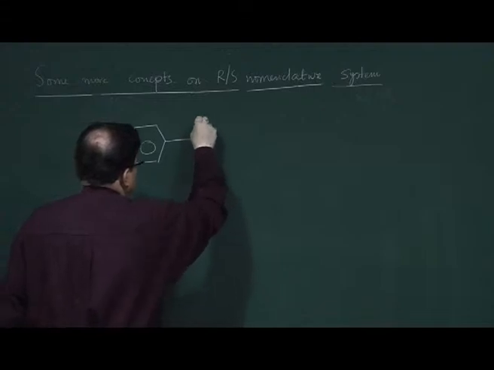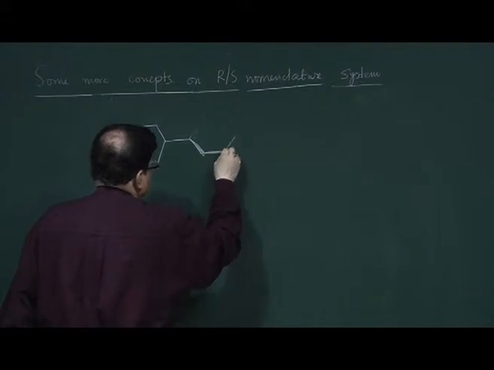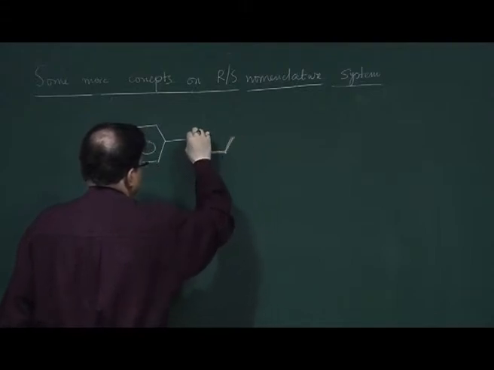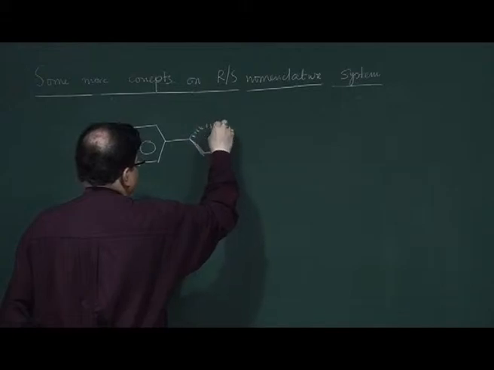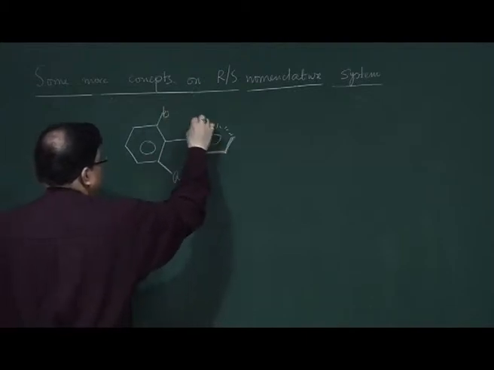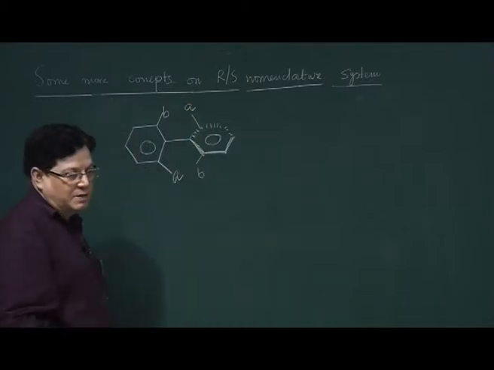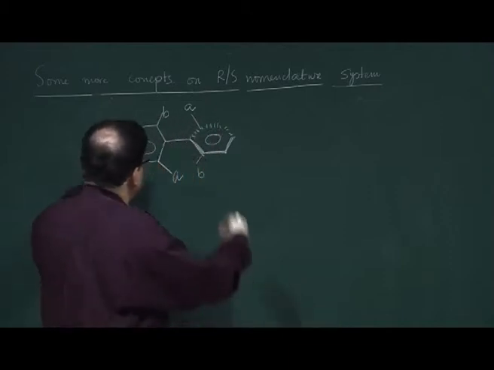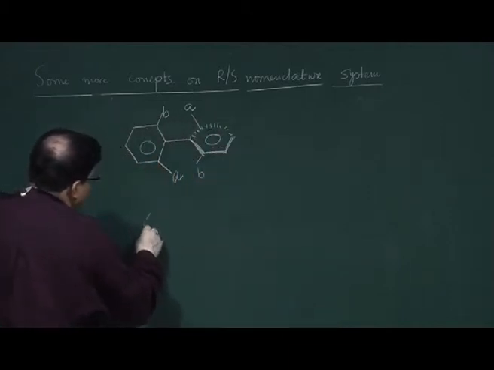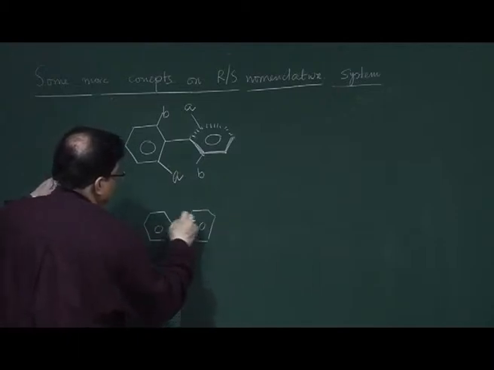Here what happens is that if you put some groups at the two ortho positions, so if you put groups A and B here, and A and B here, and if the groups are not hydrogens but bulky groups, then there will be steric repulsion if the two rings remain in the same plane. So if you draw it in the same plane, there will be steric repulsion between them.